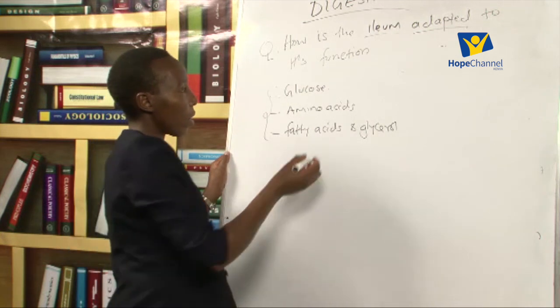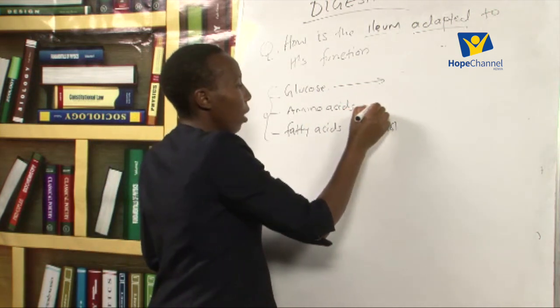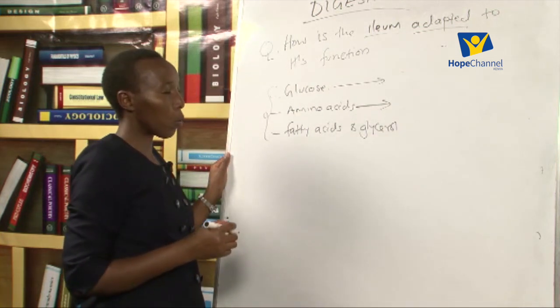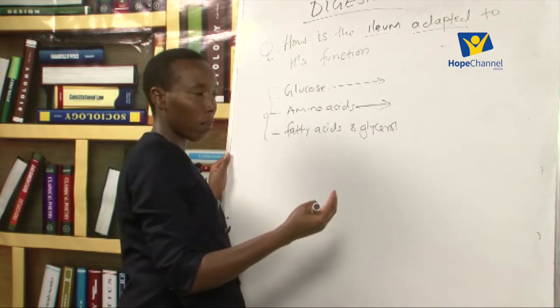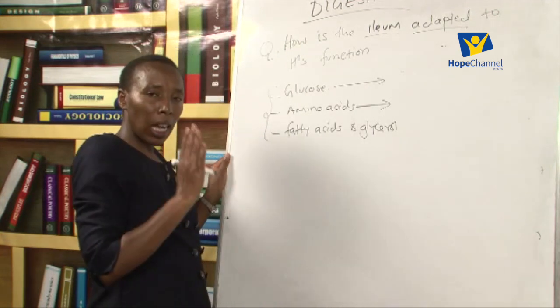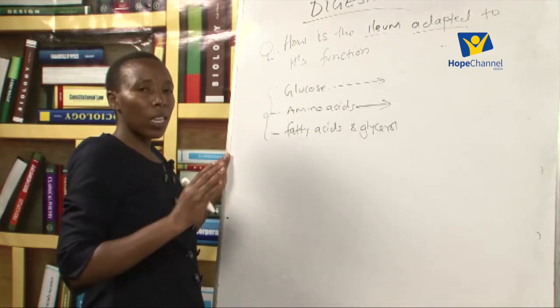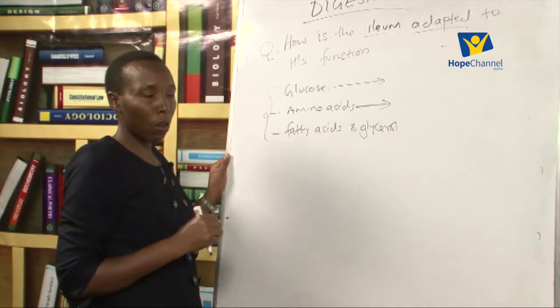So you realize that the moment the glucose diffuses into the bloodstream, because in absorption we want to see the end products moving from the ileum all the way to the bloodstream, because it is in the bloodstream that we are going to transport them to various parts of the body.